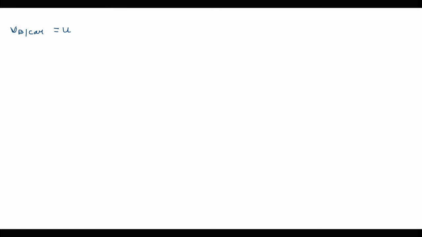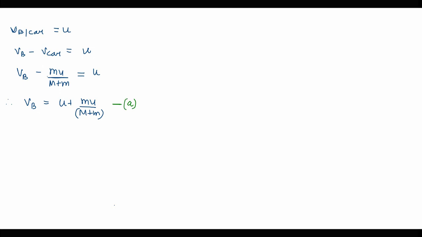Hence I can write that vb minus v of car with respect to the earth, which is minus mu upon M plus m, is equal to u. Therefore the velocity of boy is going to be u plus mu upon M plus m. We are marking this as equation number A.